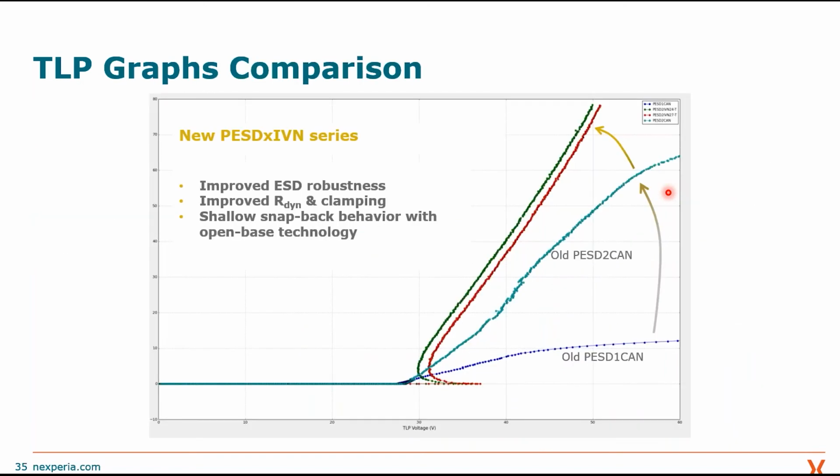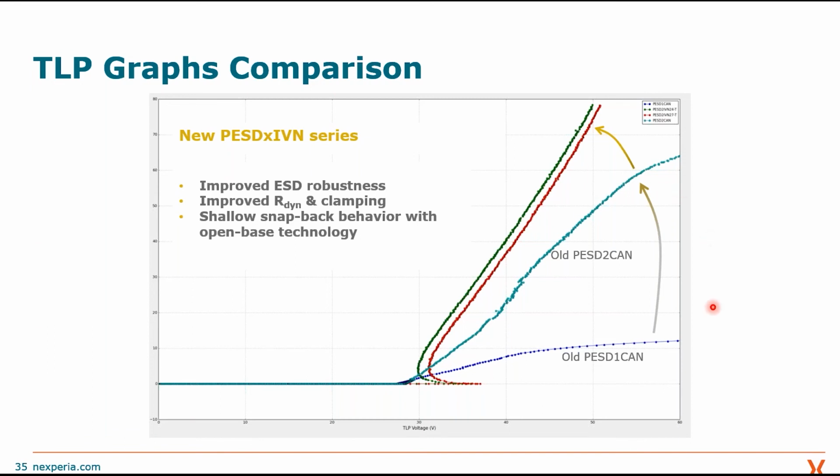Okay, so what we see here is a real example from real devices. These devices are from Nexperia, and you also see here the evolution of ESD protection over the last years, so to say.